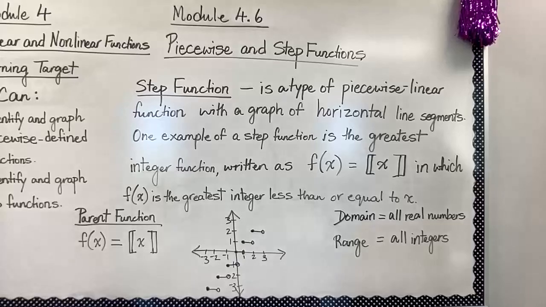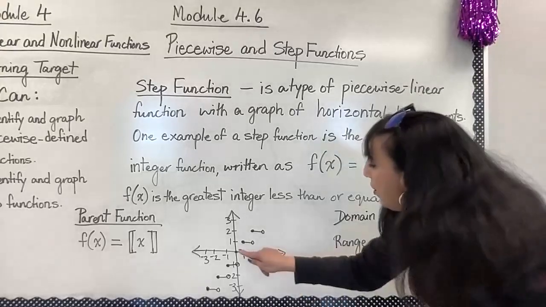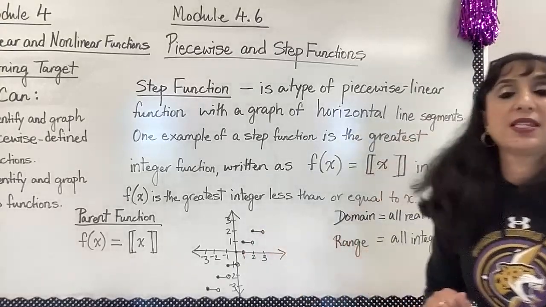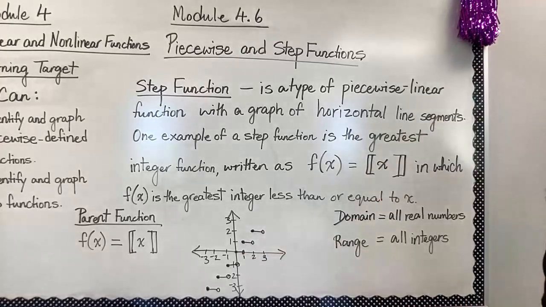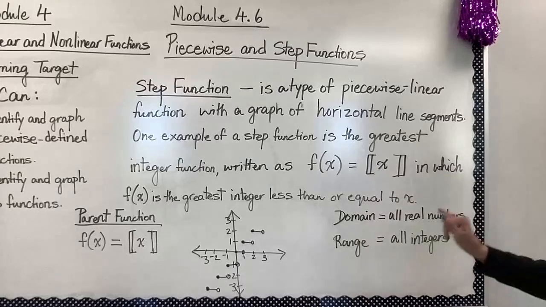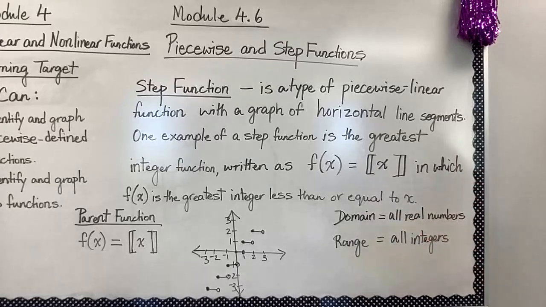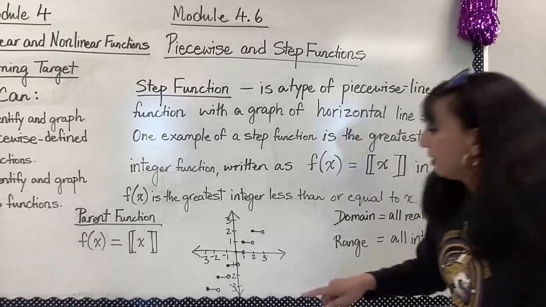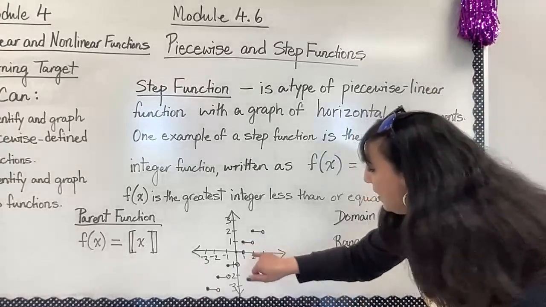This is a type of graph that has disjointed line segments. The graph of a step function is a series of disconnected, horizontal line segments, as you can see. The domain is all real numbers because of the dots and the circles.